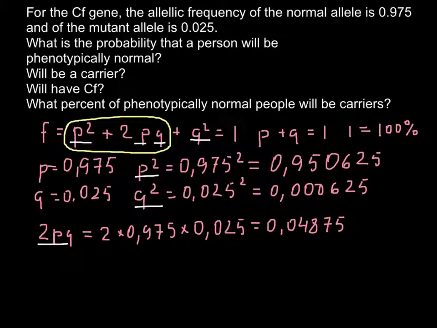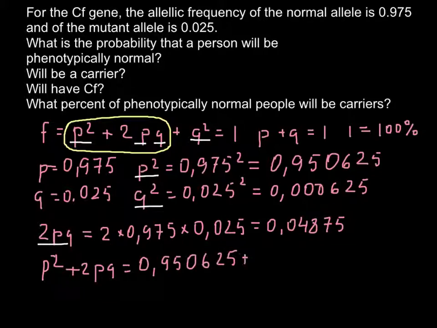Phenotypically normal people would be p squared plus 2pq, and this is going to be 0.950625 plus 0.04875, and the answer here would be 0.999375.